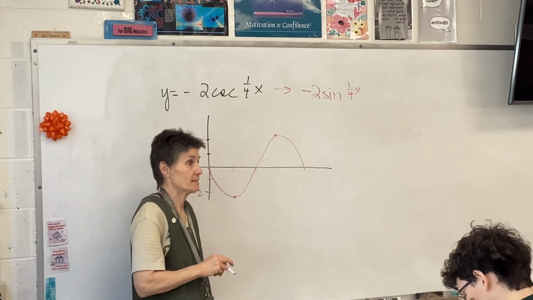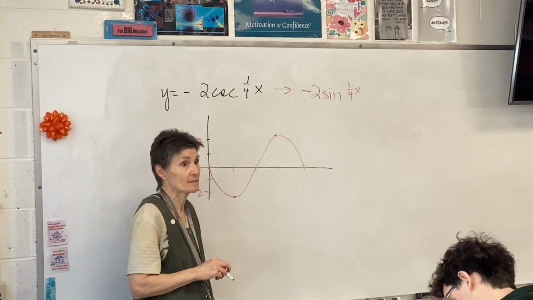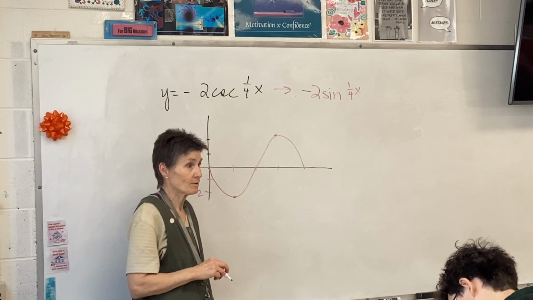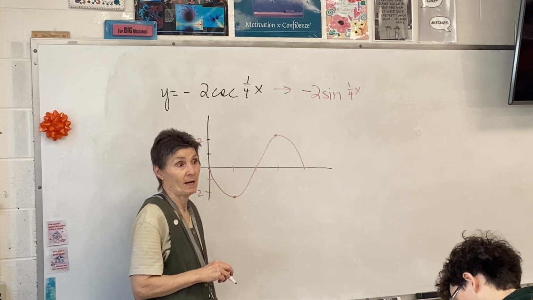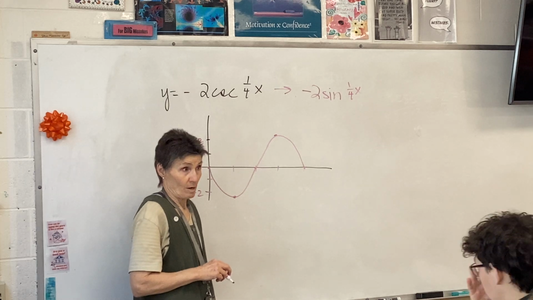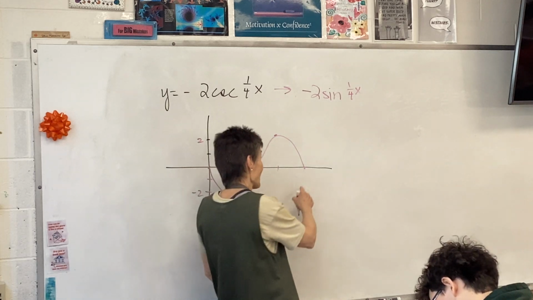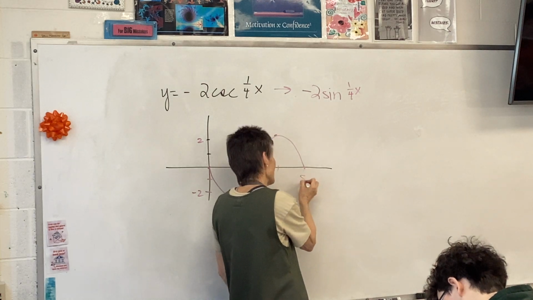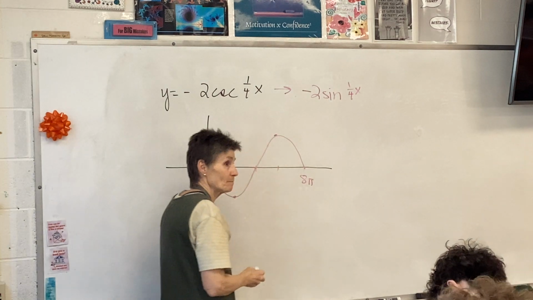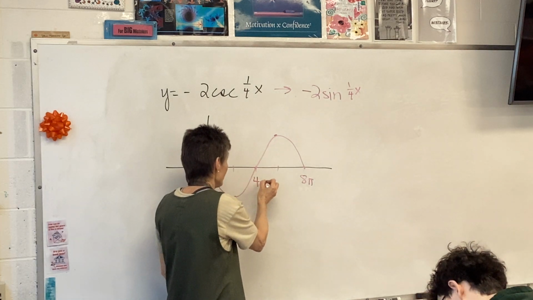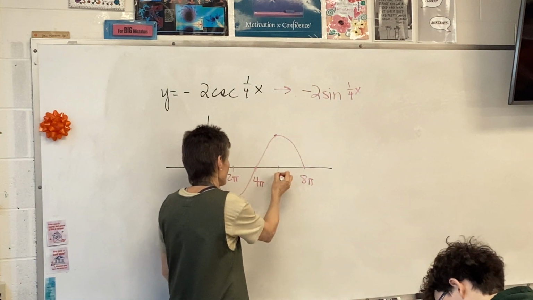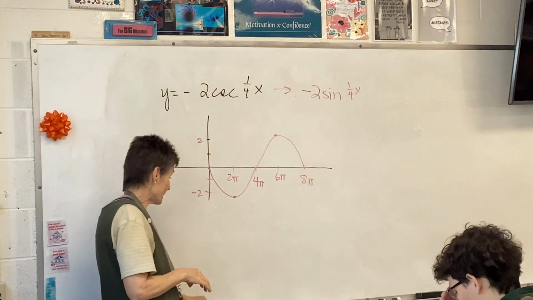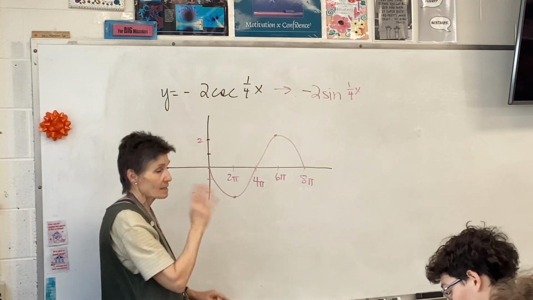It blows it up, because it divides the x's by 4, and dividing by a 4th is timesing by 4. So normally I would be ending at 2 pi, but now I'm going to be ending at 8 pi, and the midpoint will be 4 pi, and then the midpoints of those will be 2 pi and 6 pi. So there is my sine curve.